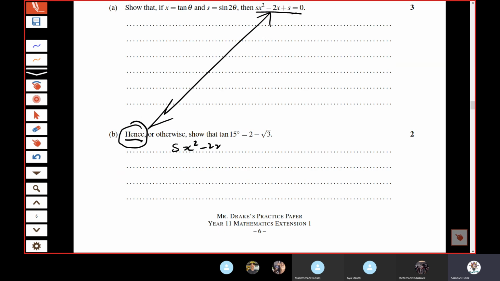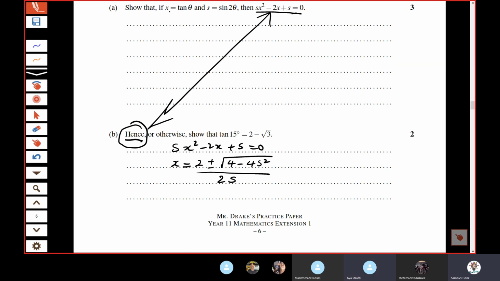sx squared minus 2x plus s equals 0. Solve. So x equals minus b plus minus square root b squared minus 4 times a times c, on 2a. Is that fair enough? Aya, what do you reckon? Sounds good? Yep. Looks weird, though, doesn't it?